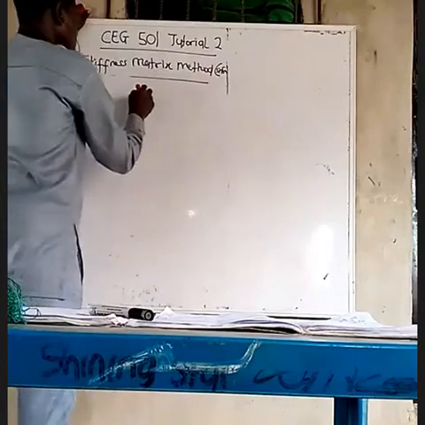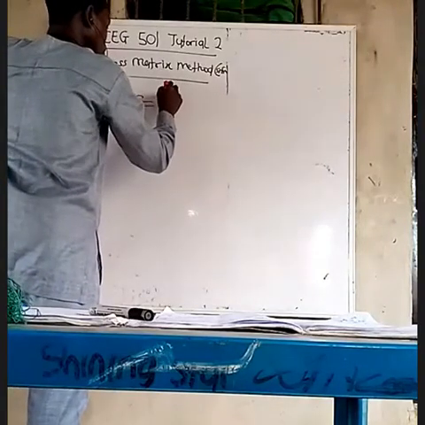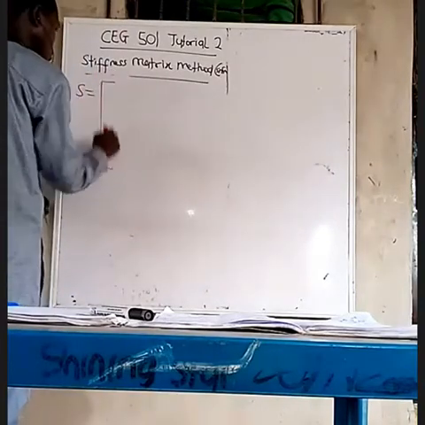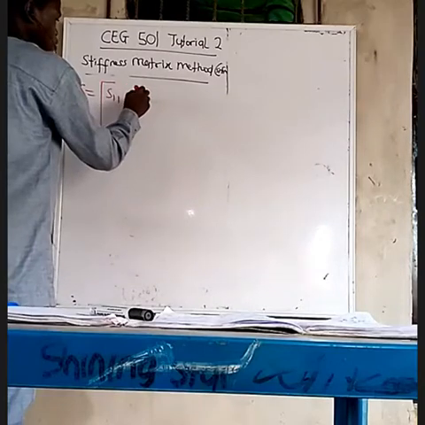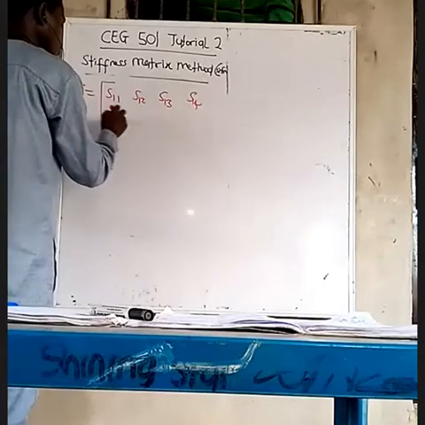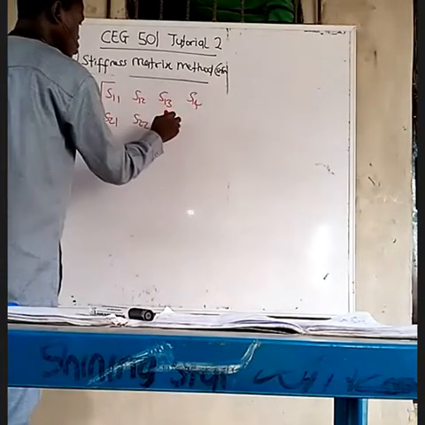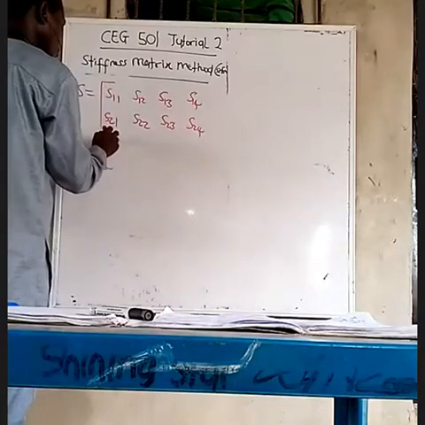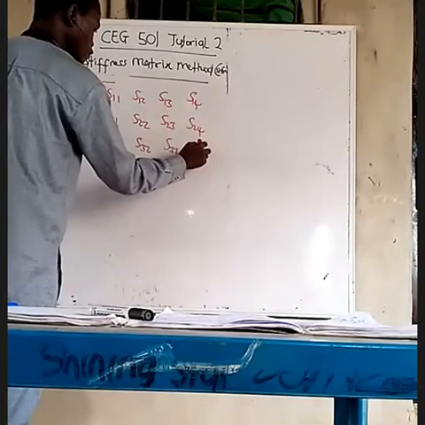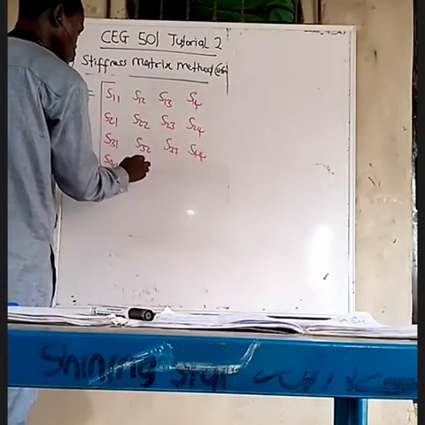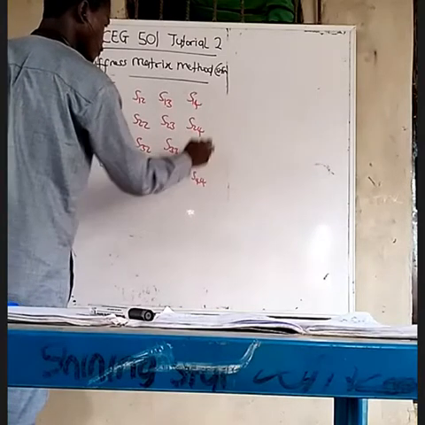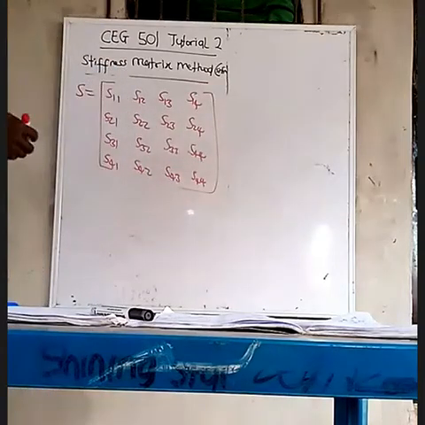So to organize everything into a matrix, S equals S11, S12, S13, S14, S21, S22, S23, S24, S31, S32, S33, S34, S41, S42, S43, S44.